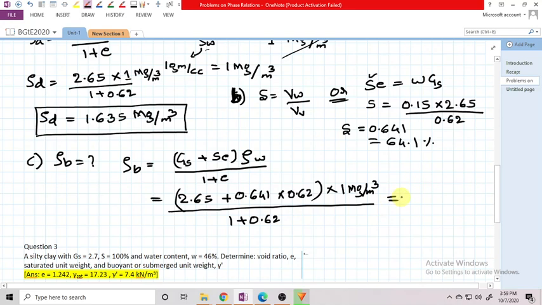So once you simplify, you will get around 1.881 megagram per meter cube.